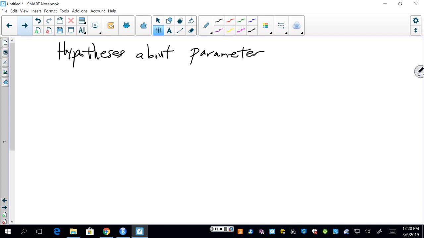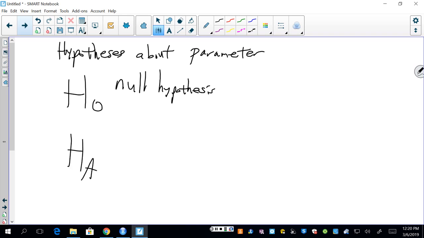And we usually form a couple of hypotheses in this. One, H0, is called the null hypothesis. The other one is going to be an alternative hypothesis.